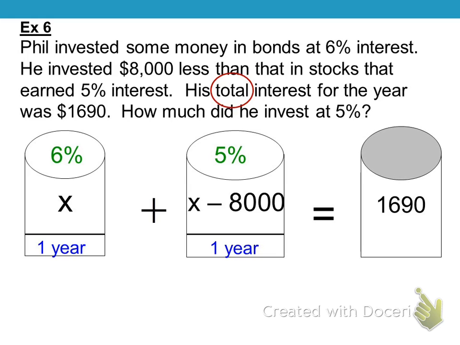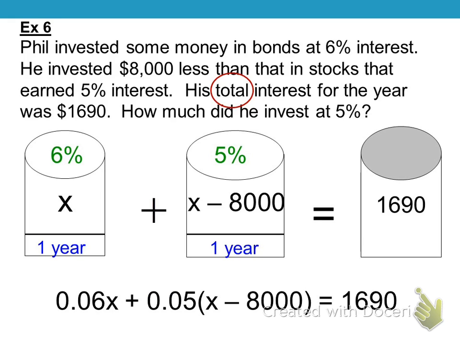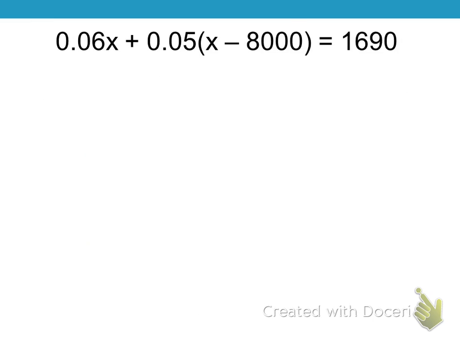All right, what's my equation going to look like? 0.06, don't forget the 0. 0.6 is 60%. Plus 0.05 times X minus 8,000 equals 1690. Perfect. So this is where we're going to start the next slide with that equation.